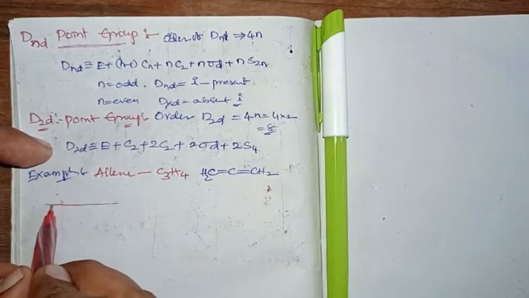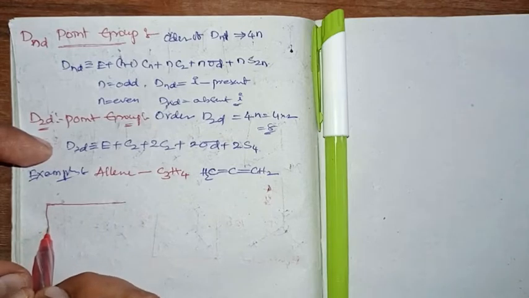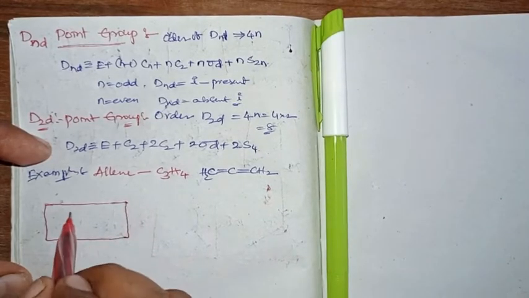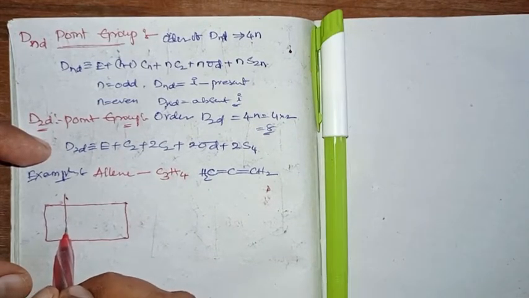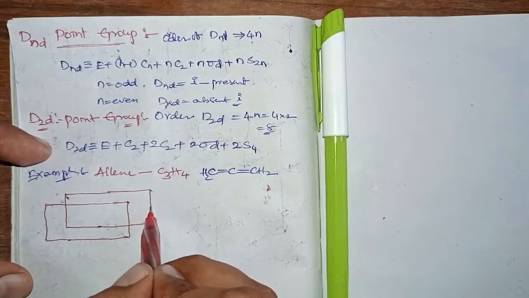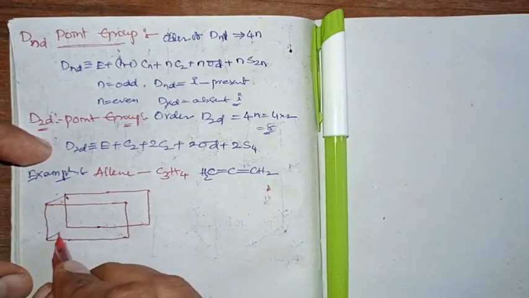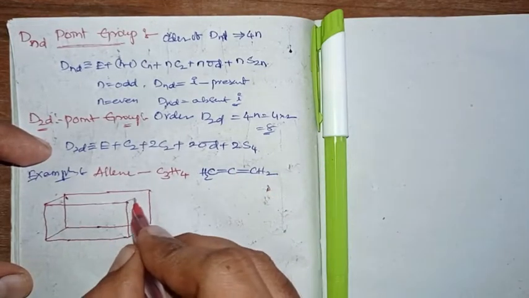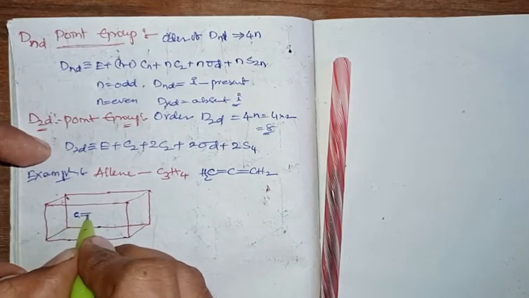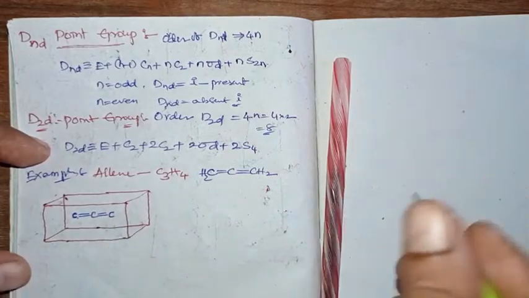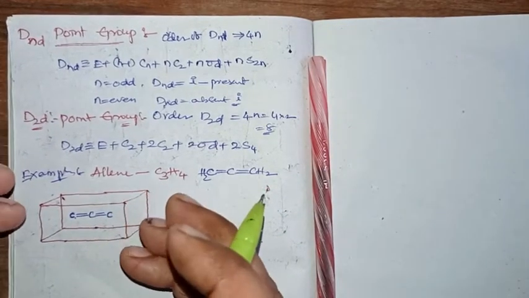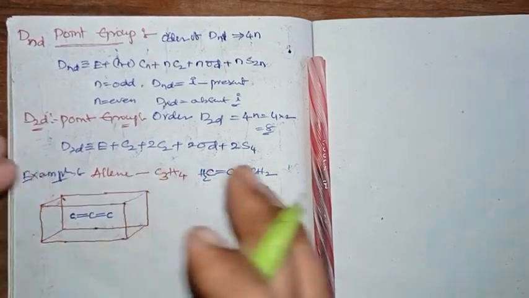We will represent that in a cube. This is the cube where the three carbons will be centrally situated, and the hydrogen positions can be suggested as the diagonals of two opposite faces.